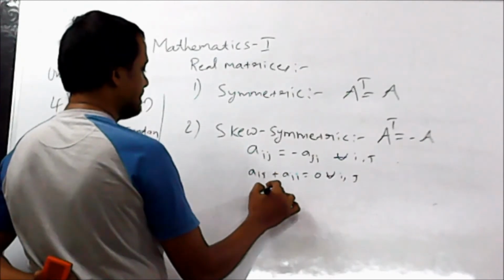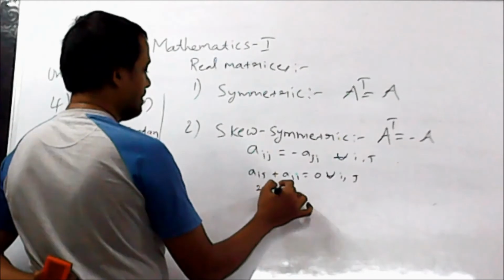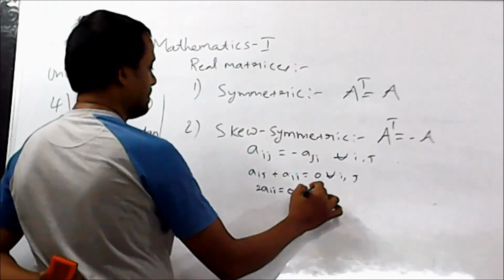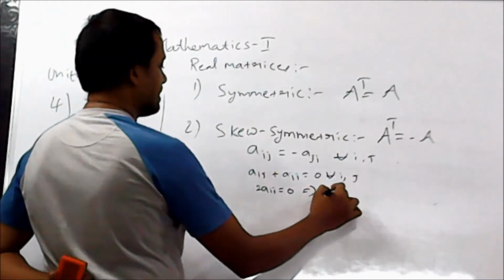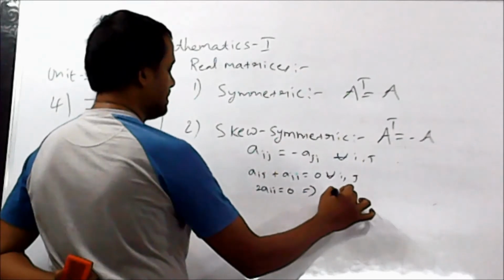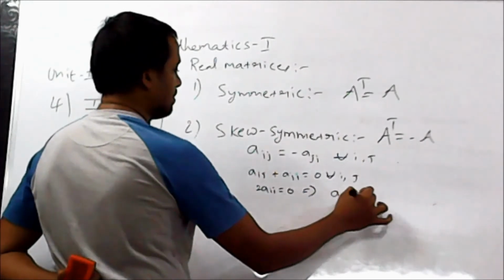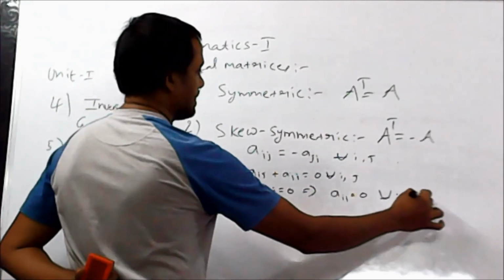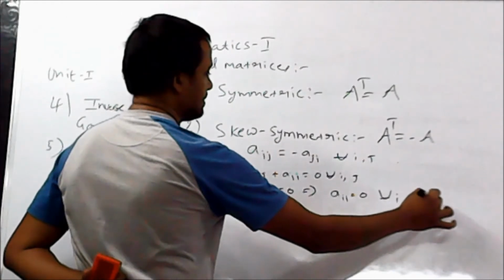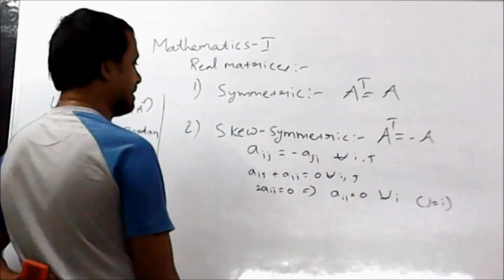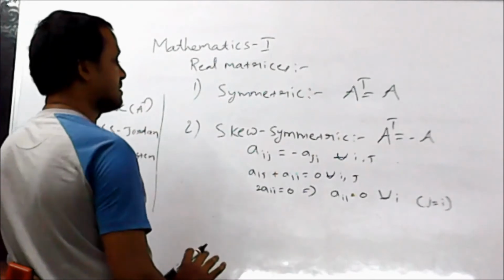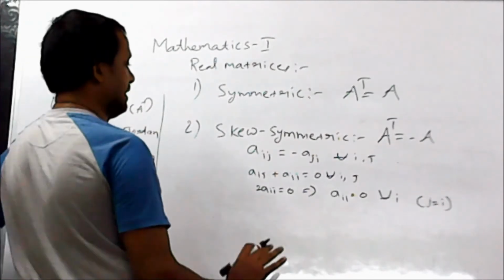In that case, 2a_ii is equal to 0, so a_ii equals 0 for all i. This means in these matrices all the diagonal elements must be 0. So all the diagonal elements of skew symmetric matrices are zeros. You need to remember that.